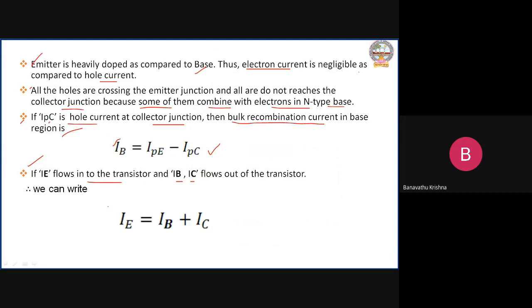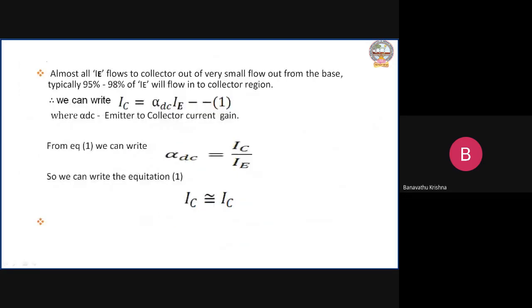So we can write IE equal to IB plus IC by using Kirchhoff's current law, KCL, where the sum of the entering currents equals the sum of the leaving currents.